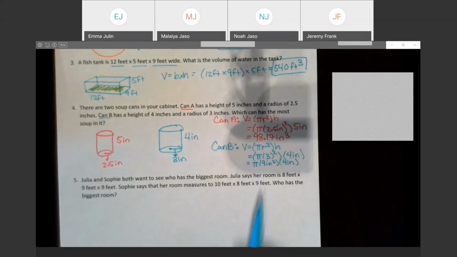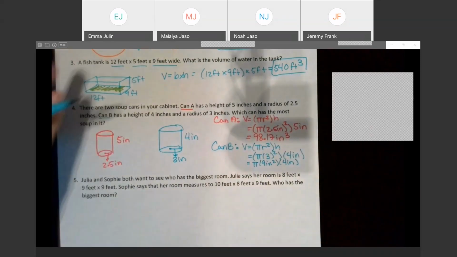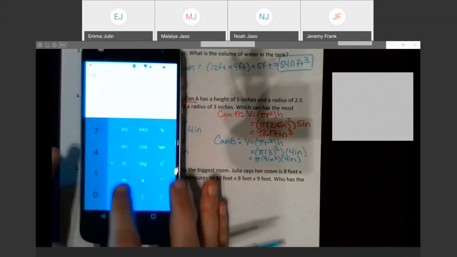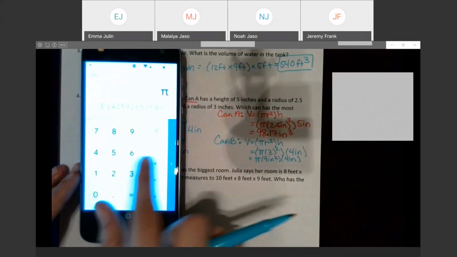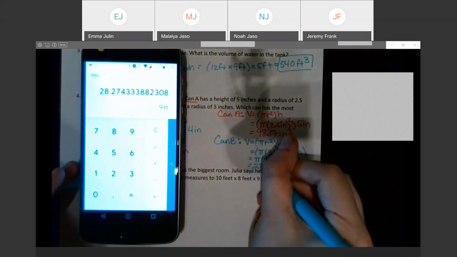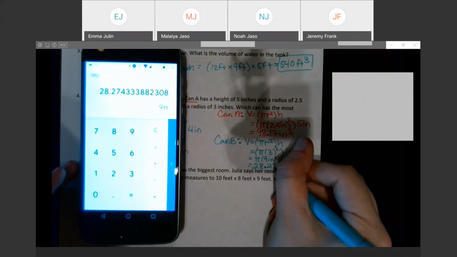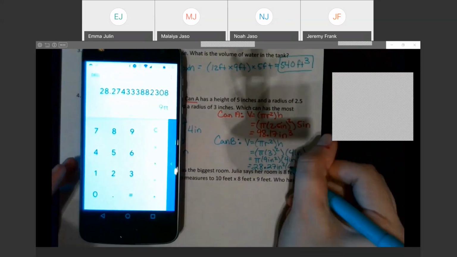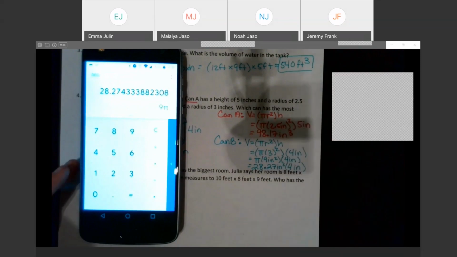So now let's do pi times 9. If I multiply pi times 9, you get 28.27 inches squared. You just have to end it by multiplying by 4 inches.